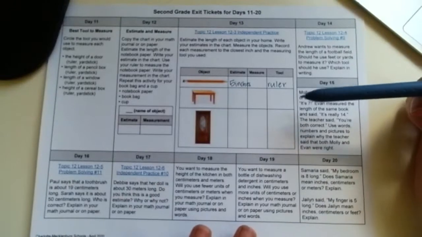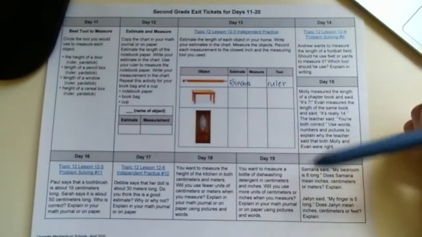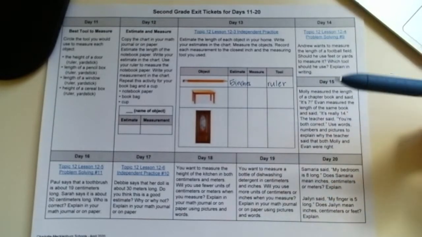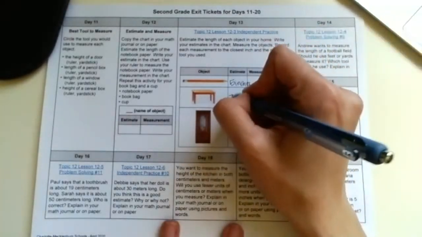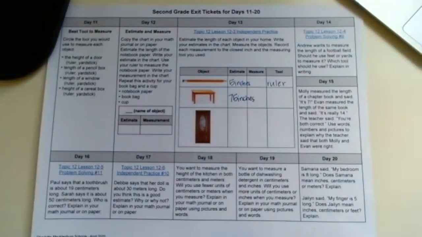Now I'm going to think about a table. I'm thinking about my kitchen table that I sit and eat dinner at, and I know my kitchen table is pretty long. So I'm going to say that my kitchen table would be 75 inches long.